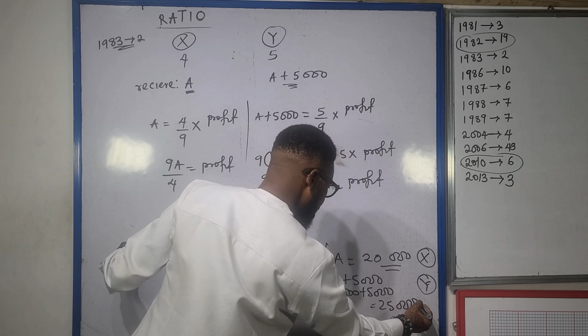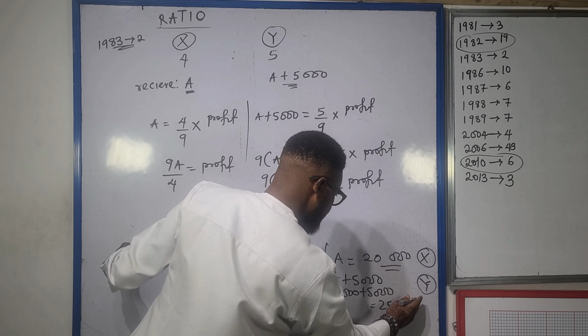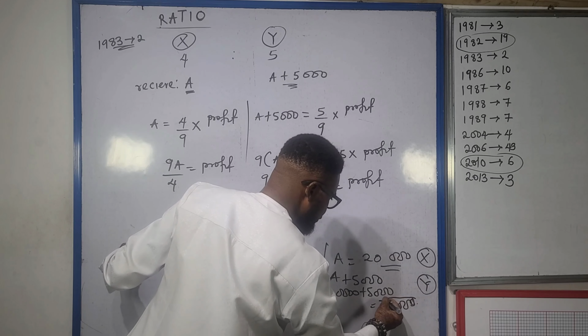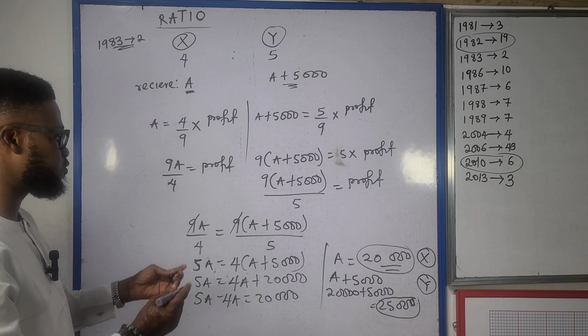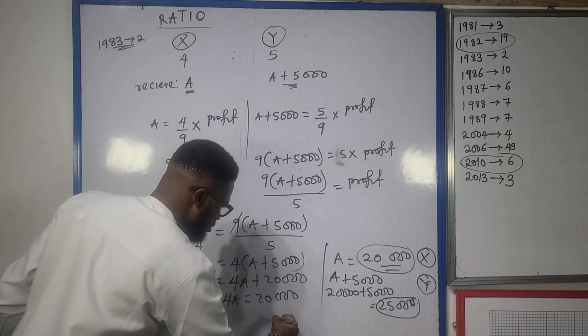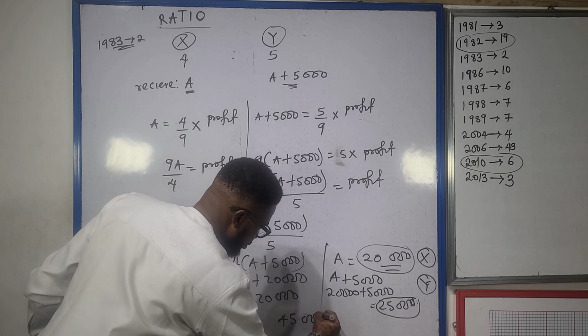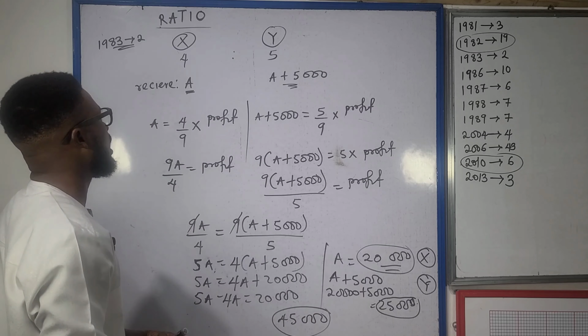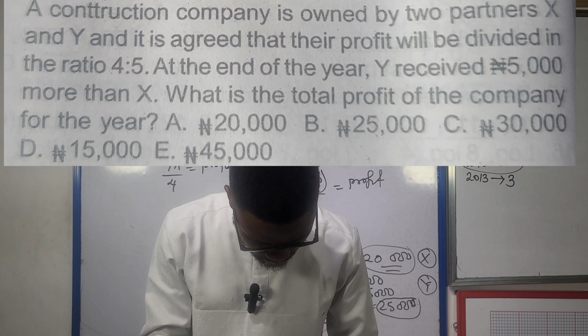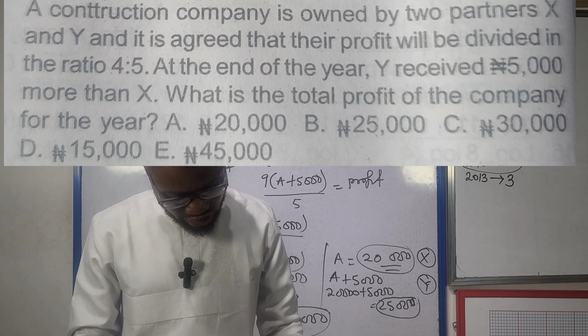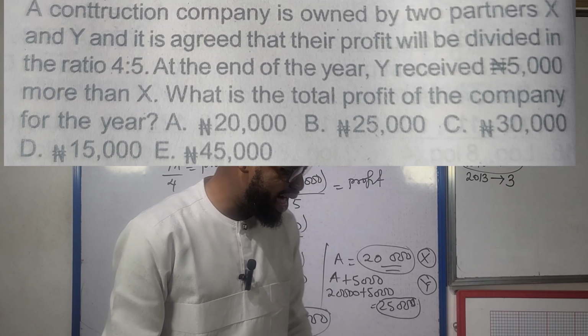So Y received 25,000, X received 20,000. If we add this together, the total is 45,000. That is the total profit of the company. If you look at the options there, that is option E for the 45,000.